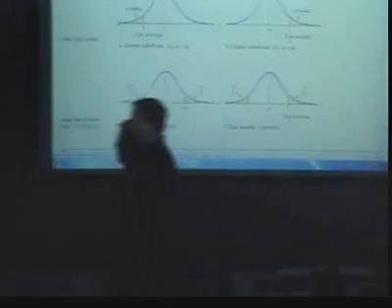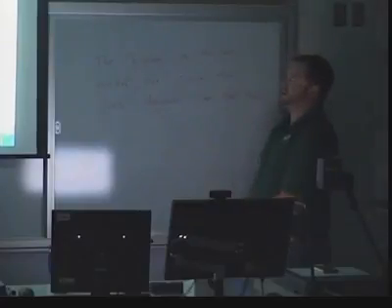If the p-value is greater than alpha, then we fail to reject H naught. Okay? So all we're doing here is going to step 6 and finding the area under the curve to the right of what we find in step 6.